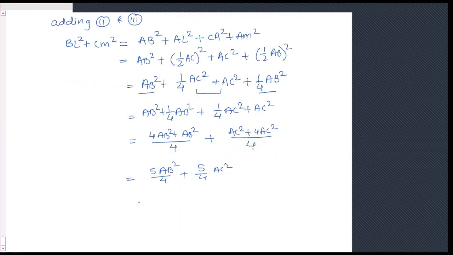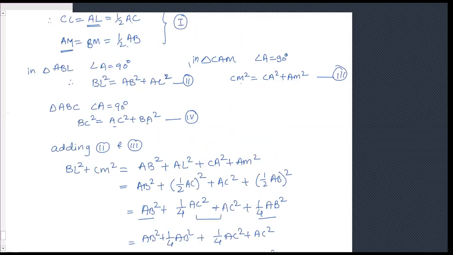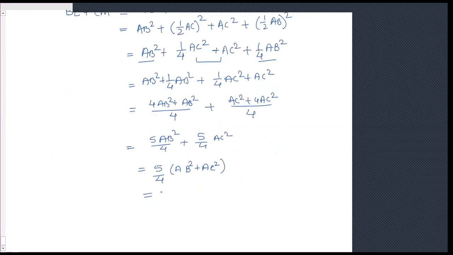Take 5 by 4 common into the bracket. It will be AB square plus AC square. So what is AB square plus AC square? AB square plus AC square is equal to BC square. So substitute that. 5 by 4 BC square is equal to BL square plus CM square.